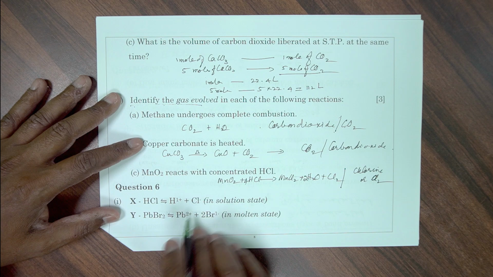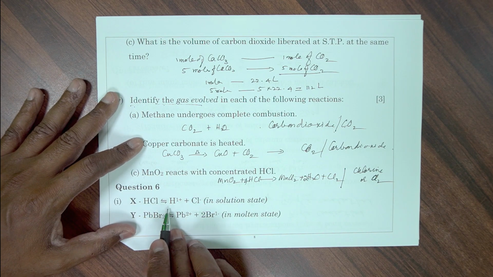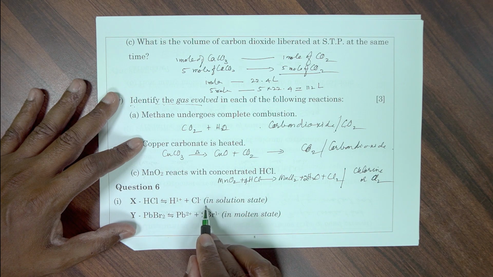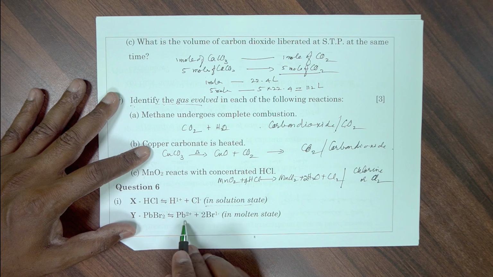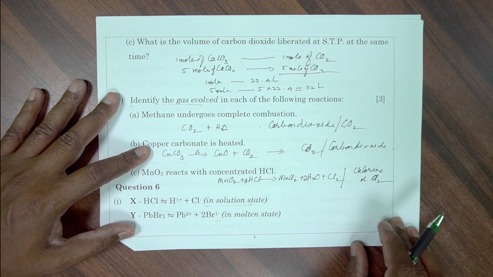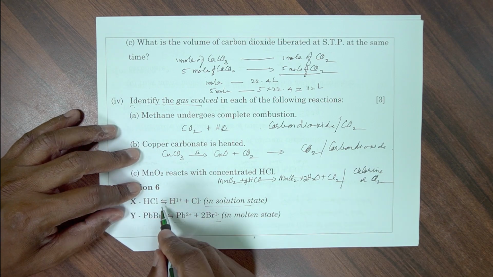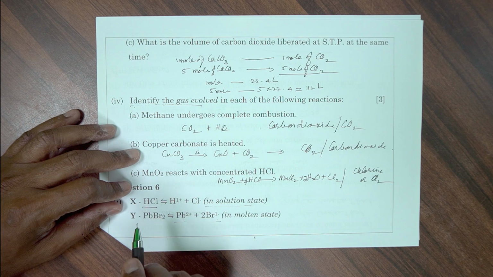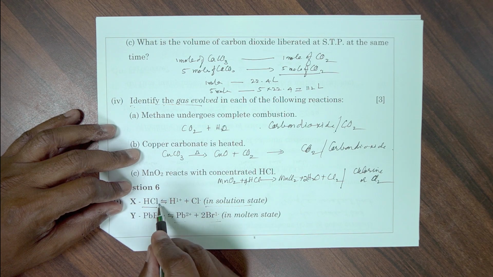And question number 6. X is HCl dissociates to give H+ and Cl-. The ions are produced here in solution state. PbBr2 in molten state gives Pb2+ and so on. Now HCl, we know, is a covalent compound. In the gaseous state it remains as molecules.